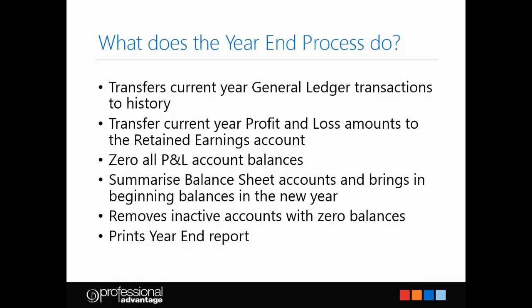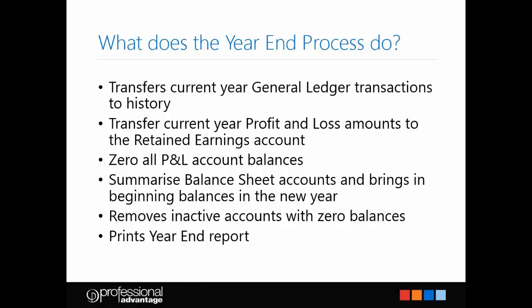So any account that's been set up as a profit and loss account, during the GL year process its balances will be summed up into the nominated retained earnings account. So all the P&L accounts will be summarized into one amount and posted into the retained earnings account. That's another thing that the GP year-end process will do.